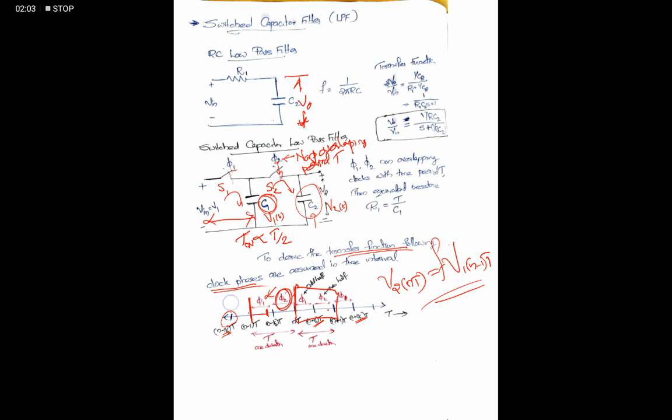For deriving that we consider one clock cycle, that is (n minus 1)T to nT. In the first half of the clock cycle phi 1, C1 will charge, and in the next half cycle phi 2, C1 will discharge to C2.